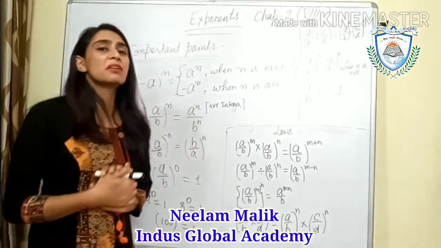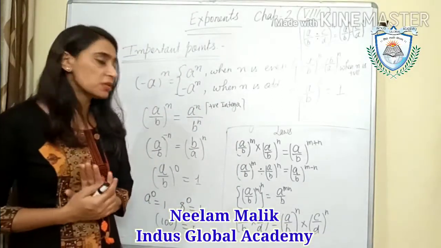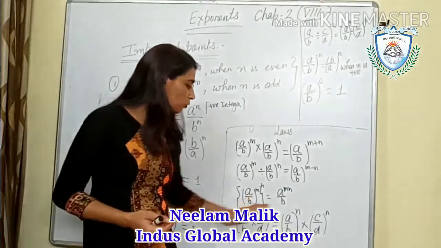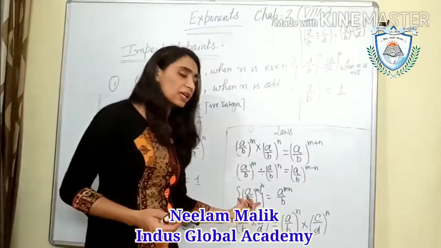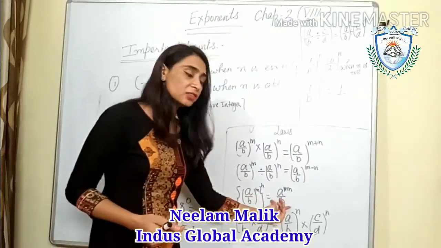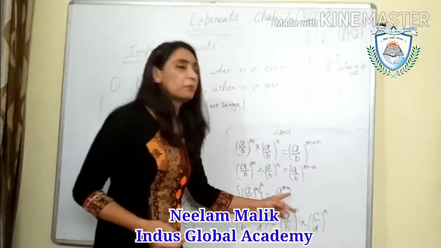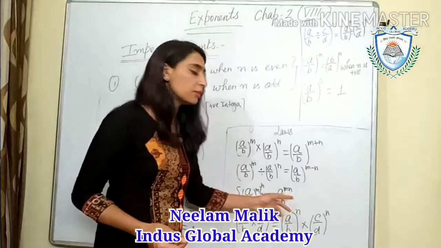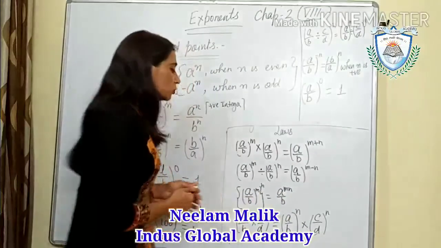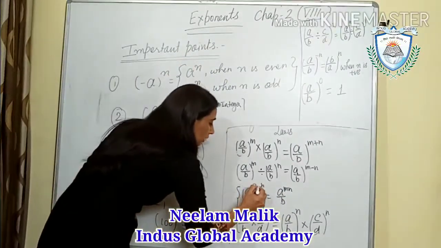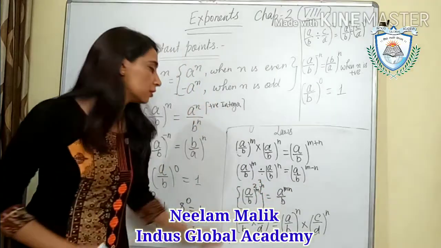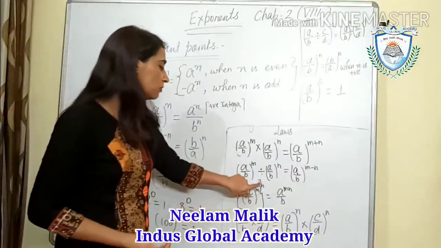We just multiply the powers. Whatever is given as the base, we write that as it is and the powers will be multiplied. This is m into n, so mn. Suppose this is 2 and this is 3, we multiply them, 2 threes are 6, so the power will be 6.